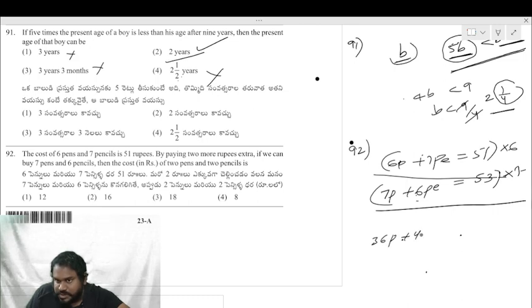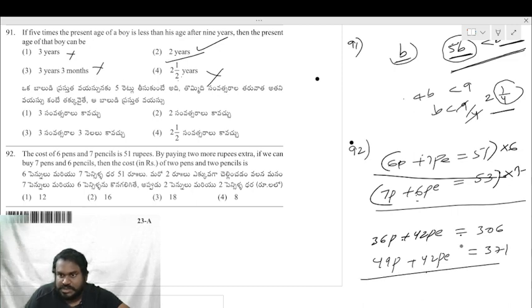So it will become like this. 36p plus 42 pencils is equal to 306. 49p plus 42 pencils is equal to 371. See here, you can cancel them. Which is smaller? 36 is smaller than 49.